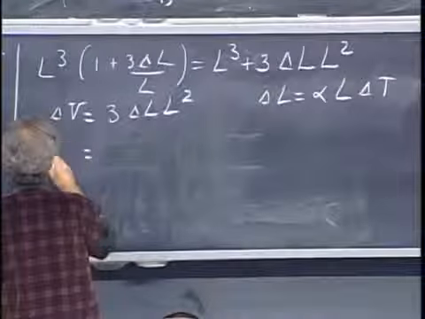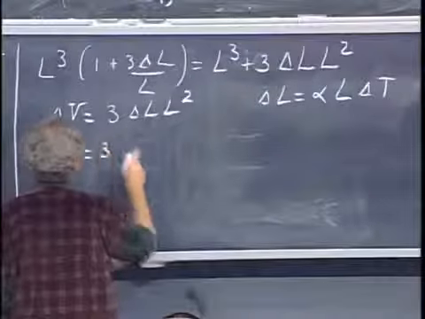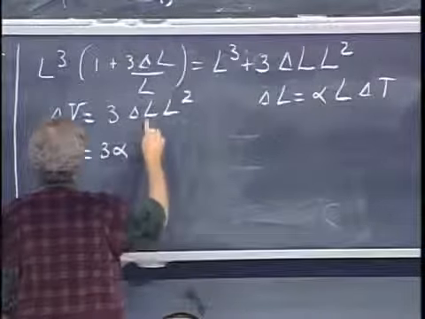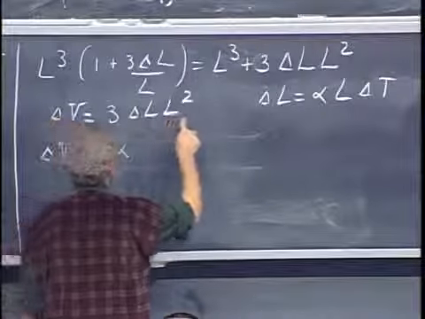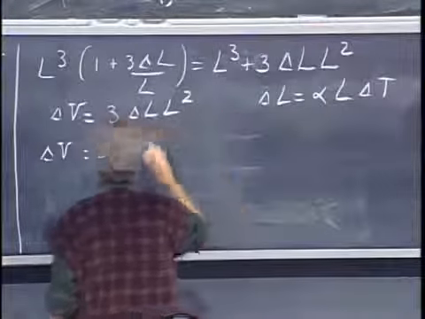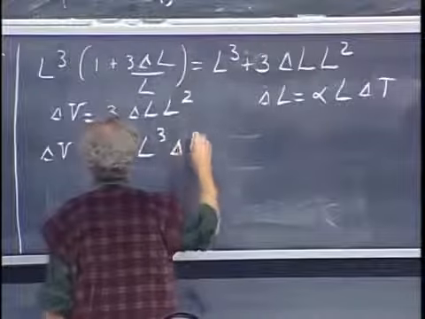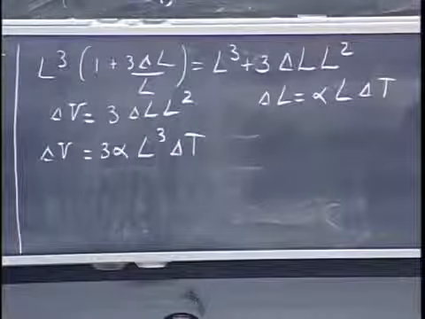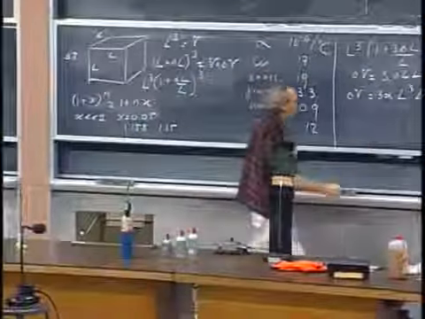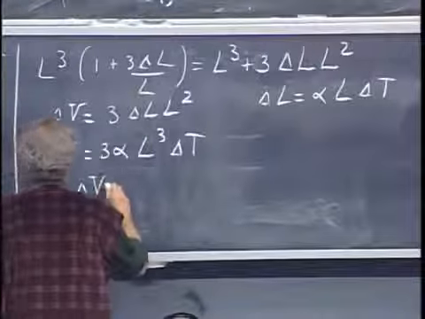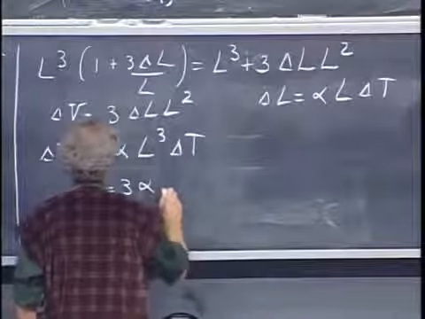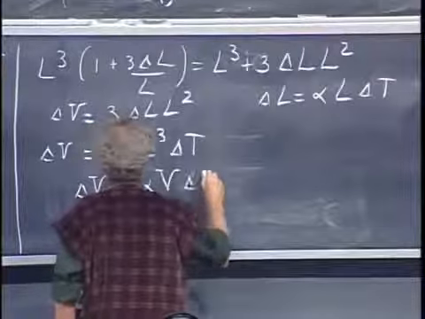And so I find that delta V equals 3 alpha times L squared times L, that is L cubed, times delta T. But L cubed was the old volume. And so I now find that delta V equals 3 alpha times the old volume times delta T.